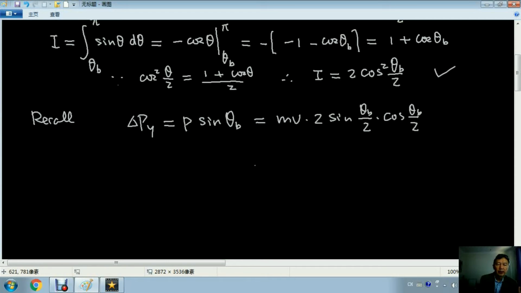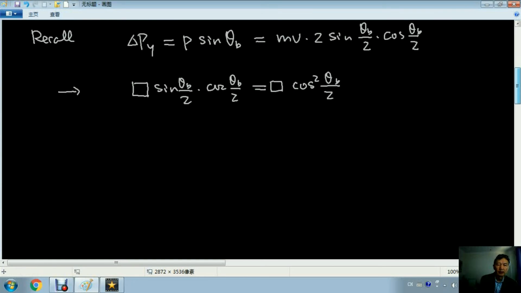If you compare the two sides, on the other side we got a cosine instead of sine, so there are other coefficients. Here is a cosine square theta b over 2.